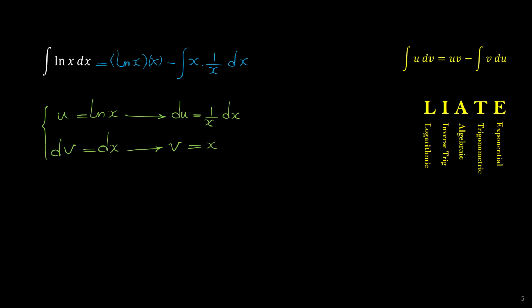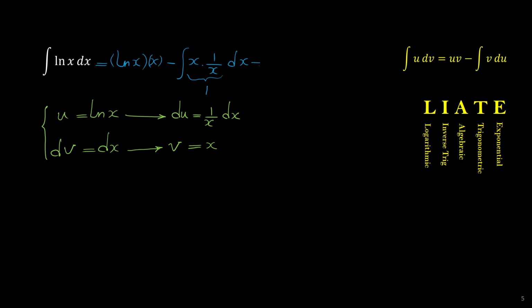Note that x times 1 over x is 1. We can cancel x from the top with x from the bottom, and only 1 remains. And the integral of 1 dx is x.